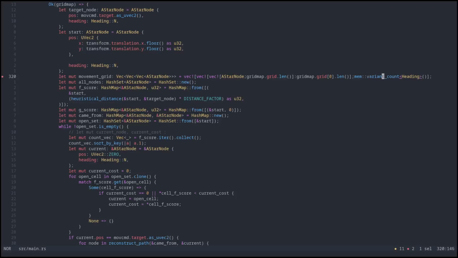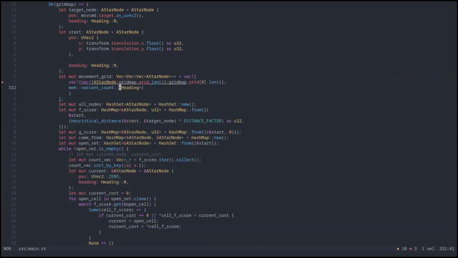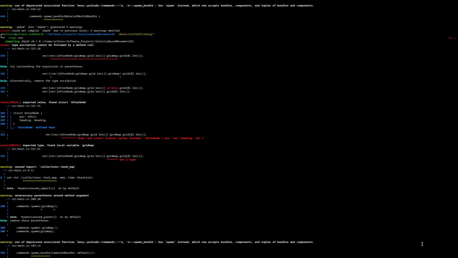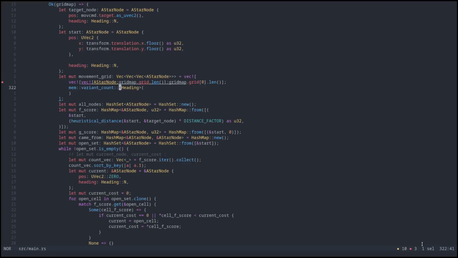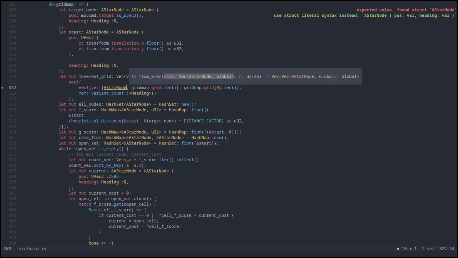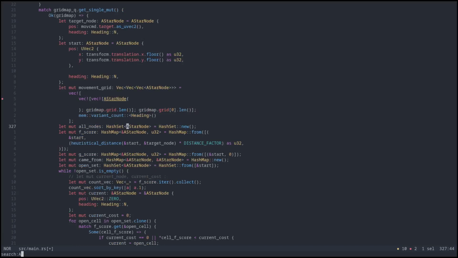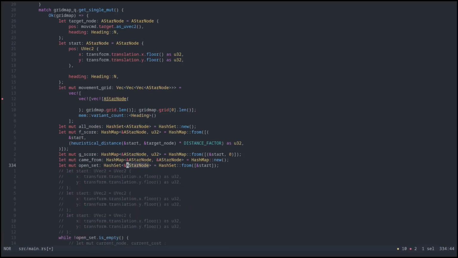To avoid mixing and storing data in multiple different locations, the list of open nodes which are to be analyzed is implemented as a hash set containing just a struct called node coords, which stores the position and heading of a node. This means it acts just as an index into the A star node map. Encoding the path to each visited node happens in a hash map again containing just the node coordinates.